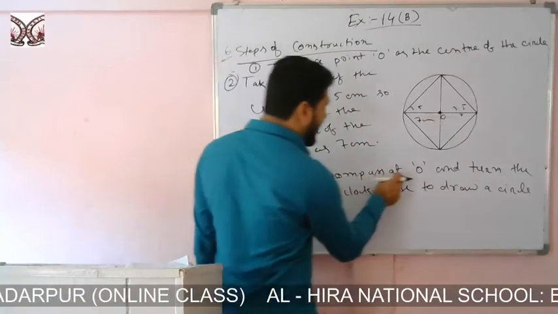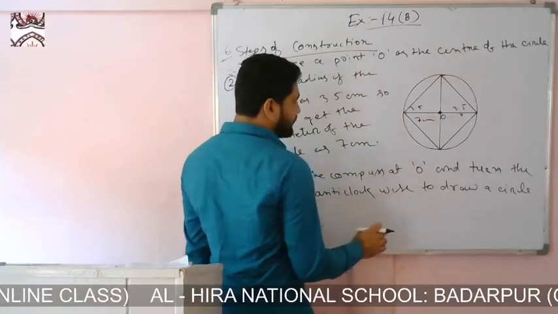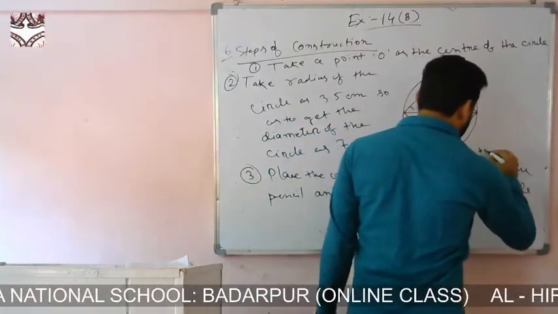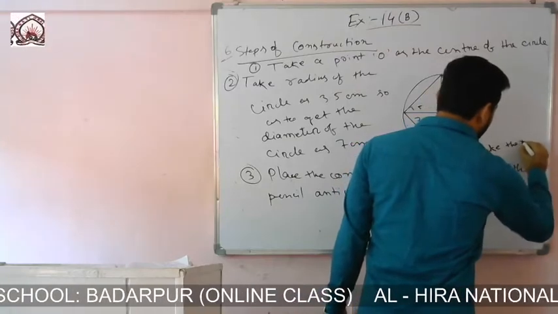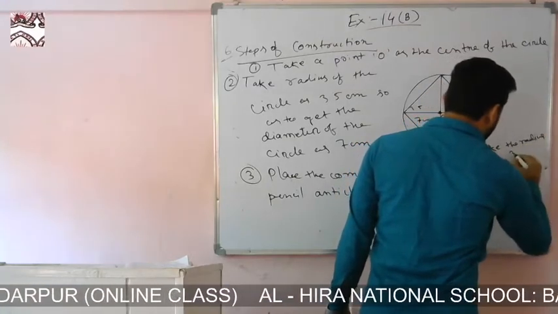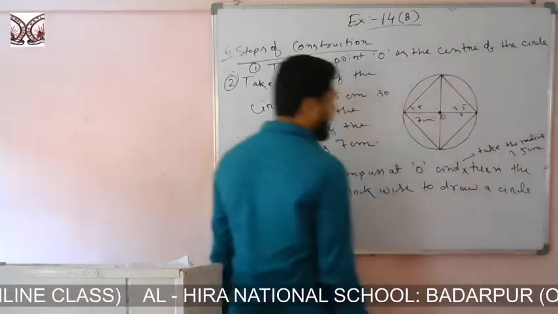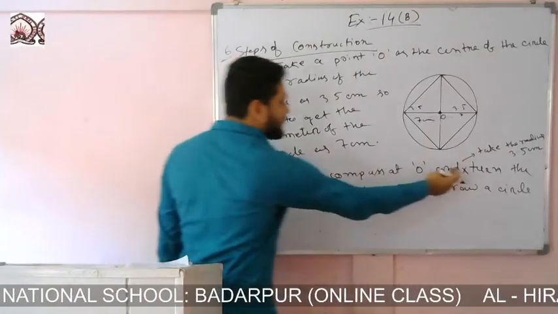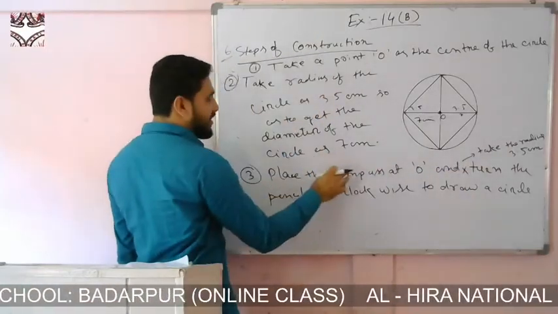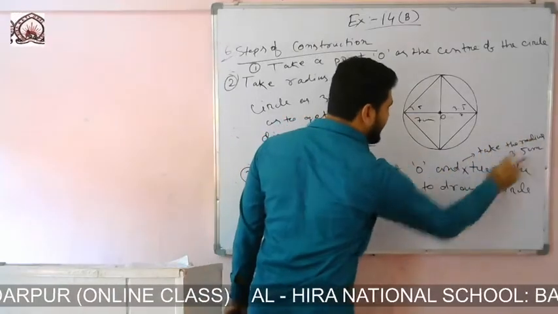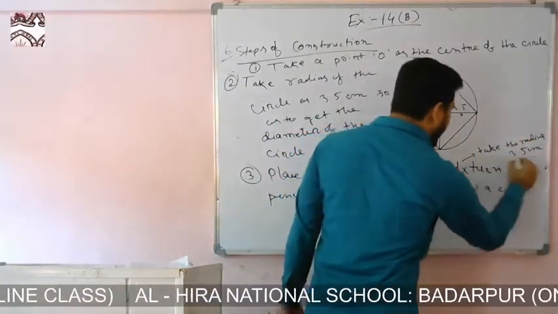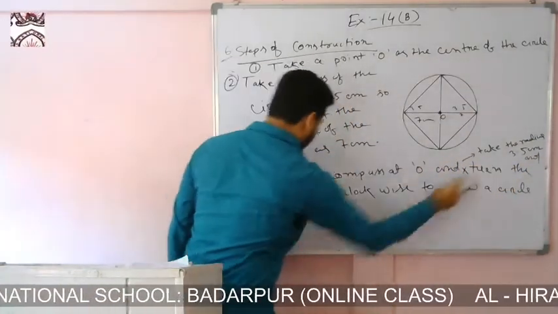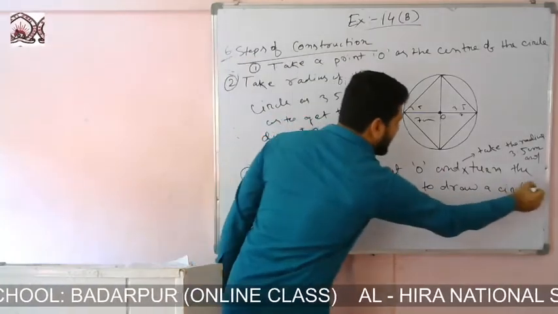Place the compass at O and take the radius 3.5 centimeter. You can add that there; earlier also I have written it. If you don't write it also, no problem. Place the compass at O and take the radius 3.5 centimeter and turn the pencil anti-clockwise to draw a circle.